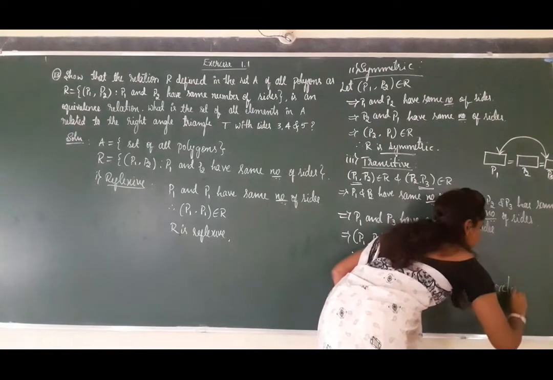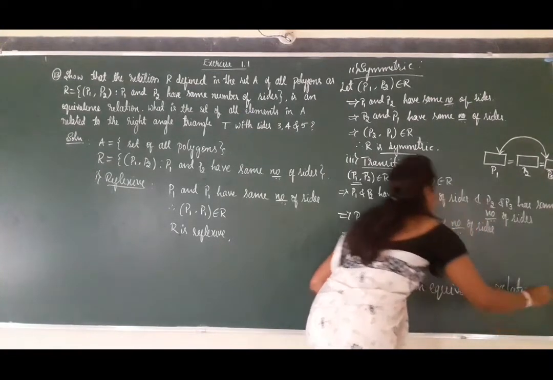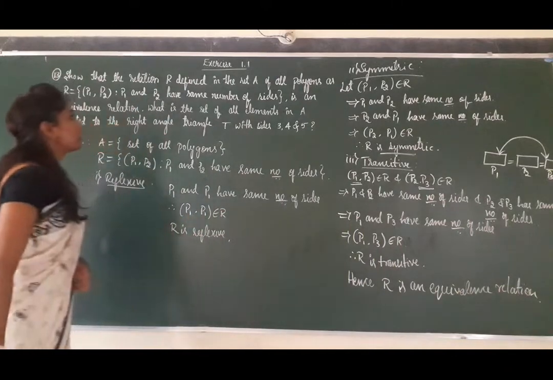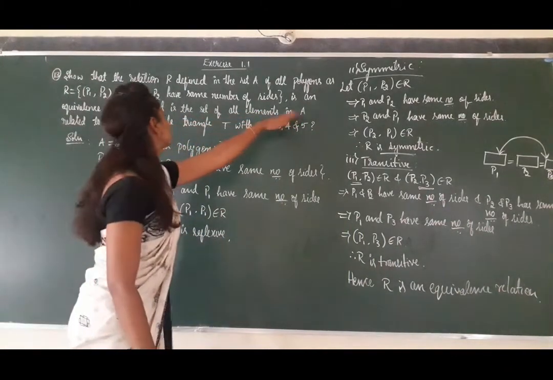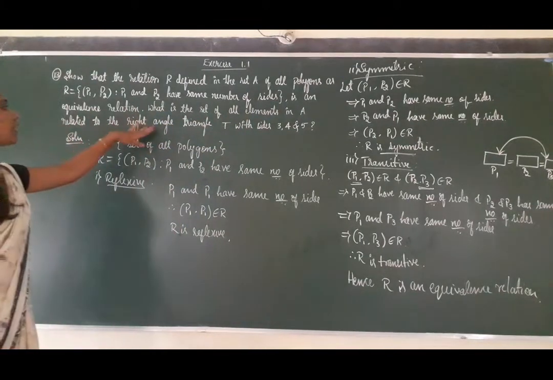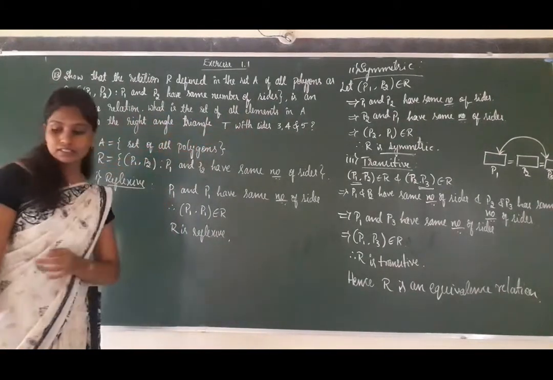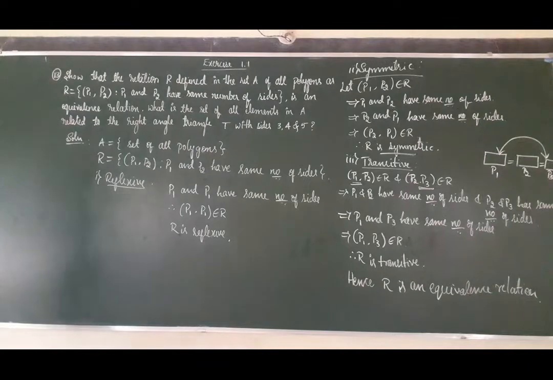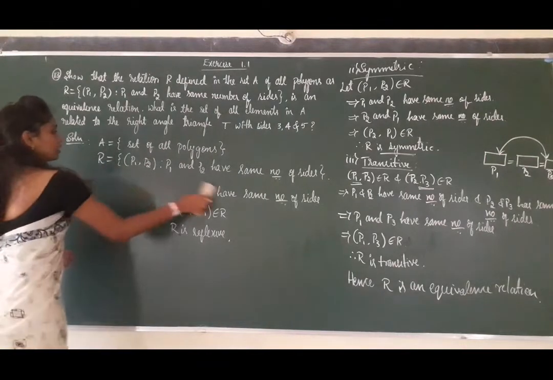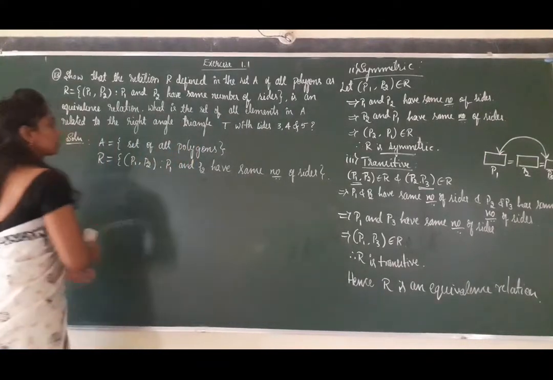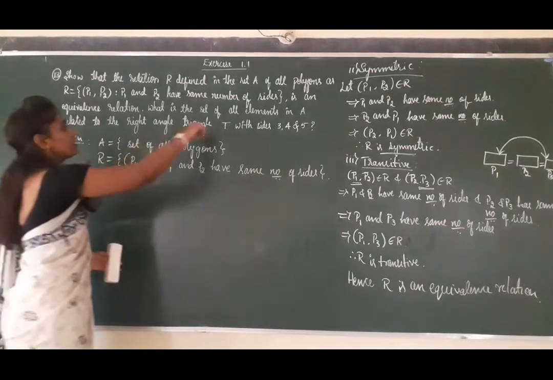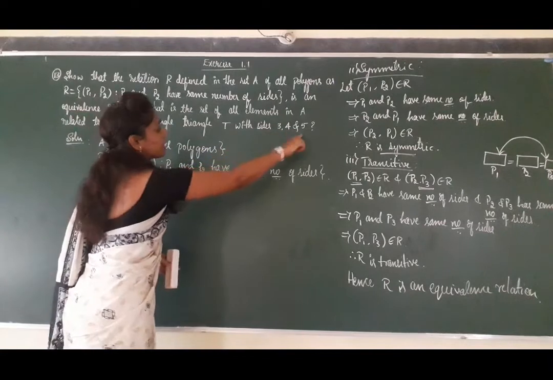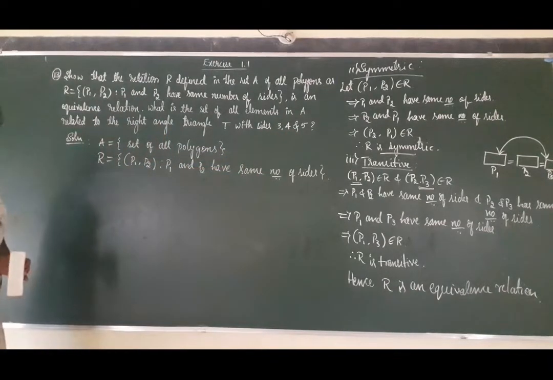And the other part of this question is, what is the set of all elements in A related to the triangle T with sides 3, 4 and 5? Here, it does not matter which sides it has or which dimension it has.